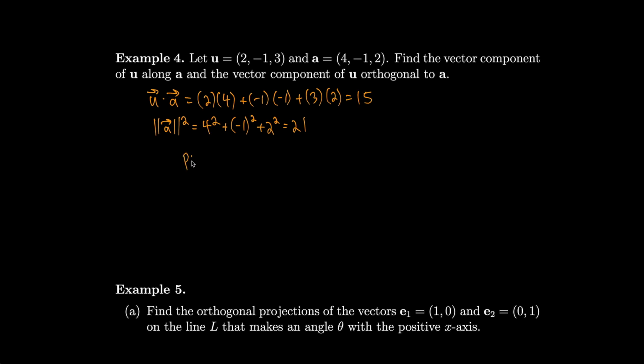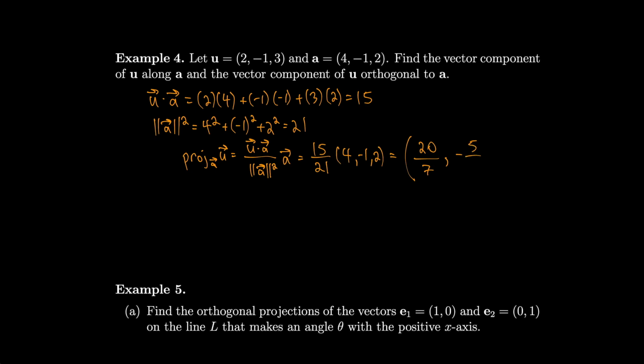So now we can compute the projection of u along A, and that's just the dot product u dot A over the length of A squared times A. So that's 15 over 21 times (4, -1, 2), which is equal to (20/7, -5/7, 10/7).